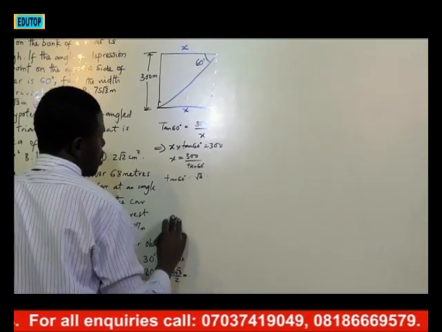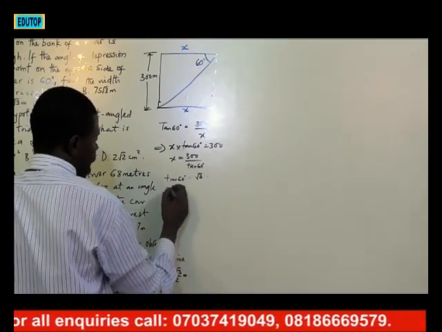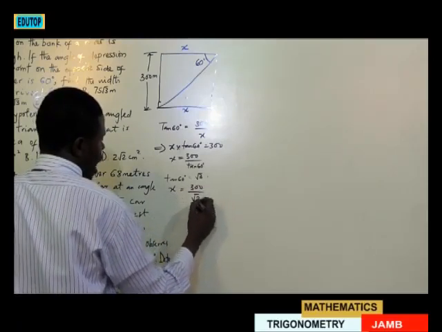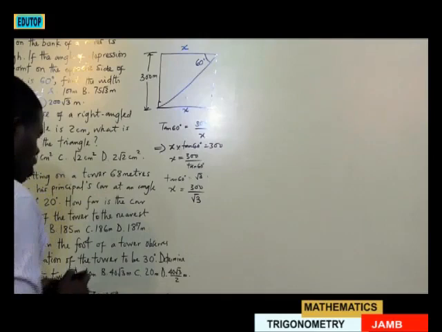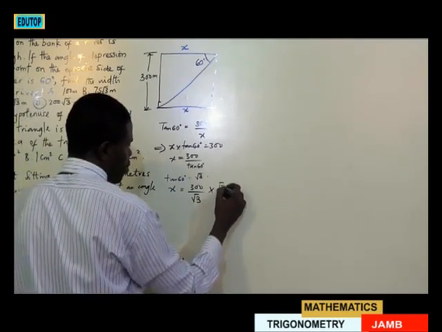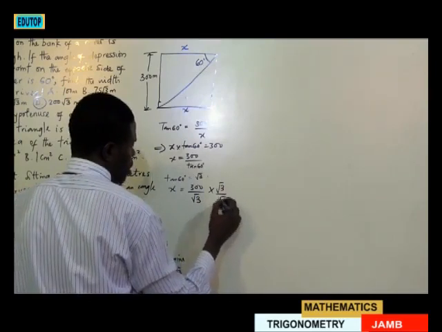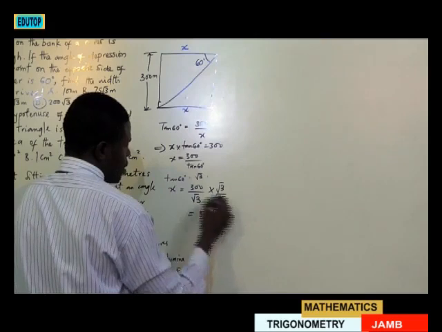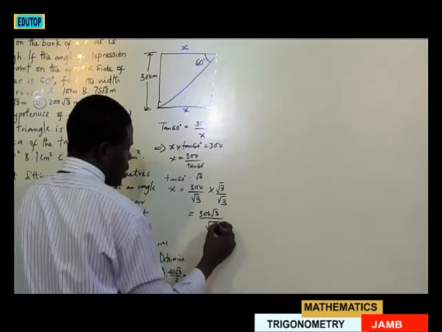So in that situation, I can write my x to be equal to 300 over root 3. I cannot leave the answer this way. I will need to rationalize. By rationalizing, I will multiply by the fraction of the denominator, which is this. This times this, I have 300 root 3. This times this, that is root 3 times root 3, that's 3.